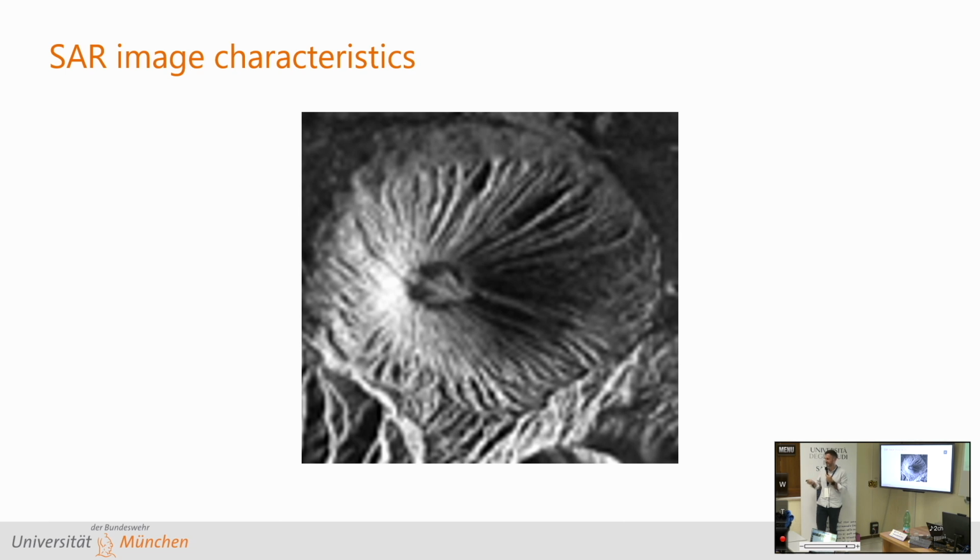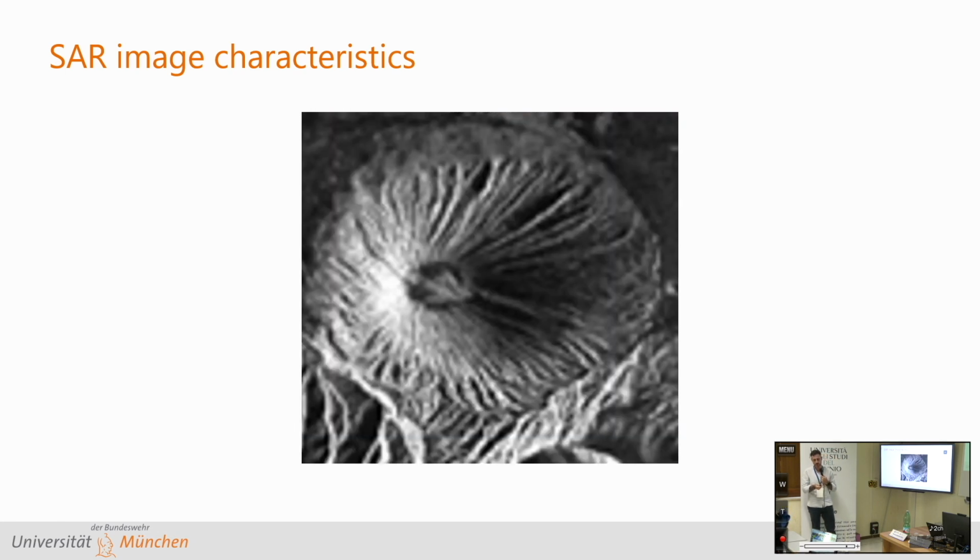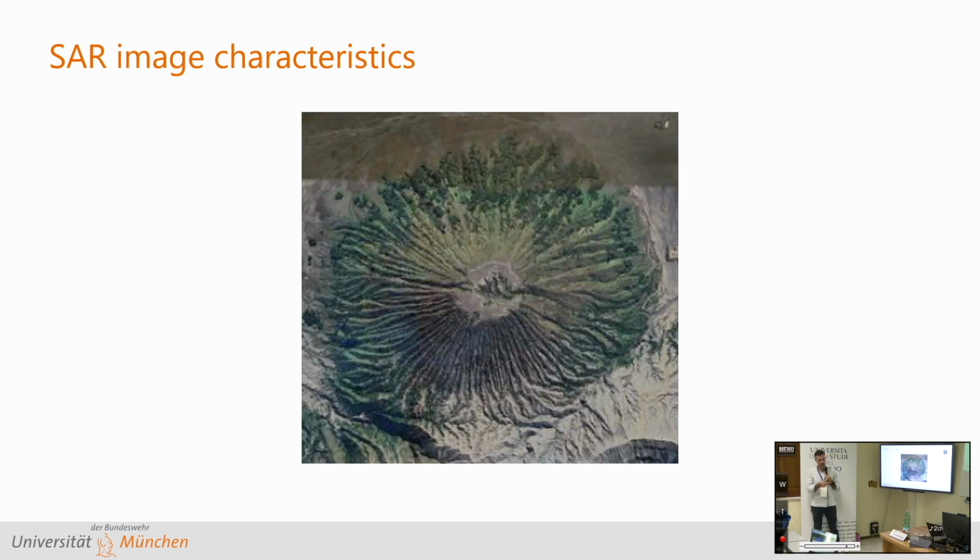This is not the best way to align images. So there are better ways. But this is just to say, look at the proportion between these circles and the inner circle. While before you have the inner circle aligned more or less in the center of the outer circle, in SAR you don't have this anymore.